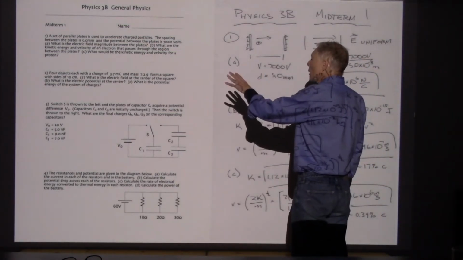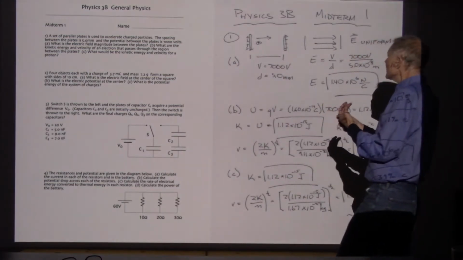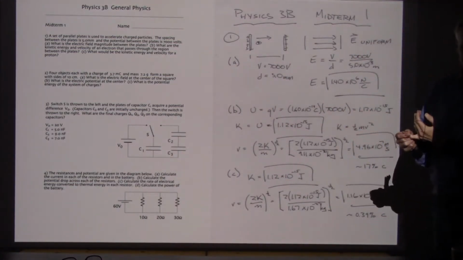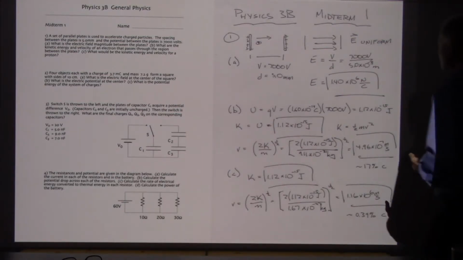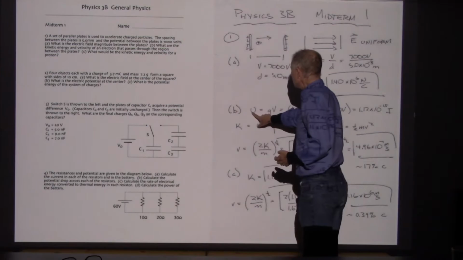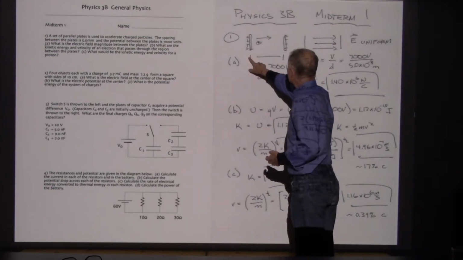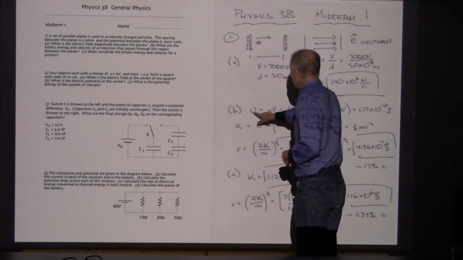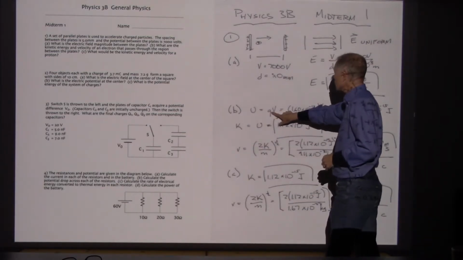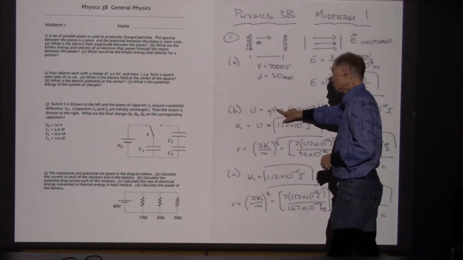So in this problem, we're not looking at acceleration directly. We're not looking at forces. Instead, we're going to do it all in terms of energy, it looks like. So this becomes an energy problem, and to calculate the potential energy between the two plates for a charged particle, I can take the charge of that particle and multiply by the voltage.